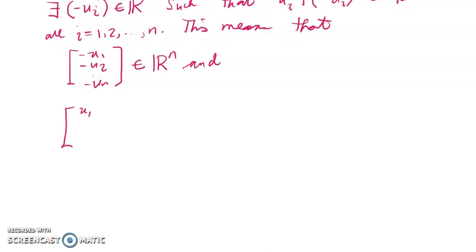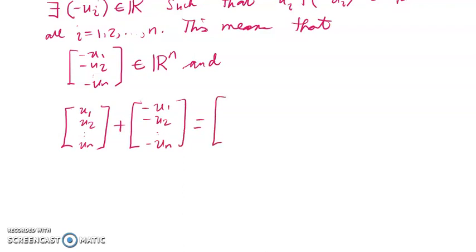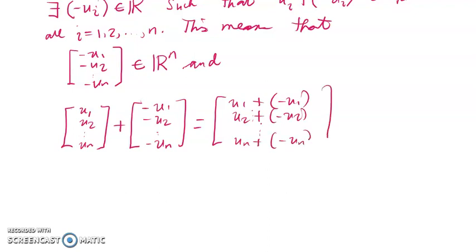This is our vector u plus this particular vector, which we will name later on: u1, u2 up to un. And this is equal to u1 plus negative u1, u2 plus negative u2, up to un plus negative un.